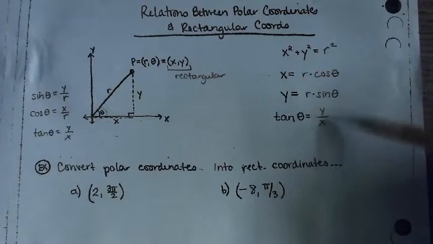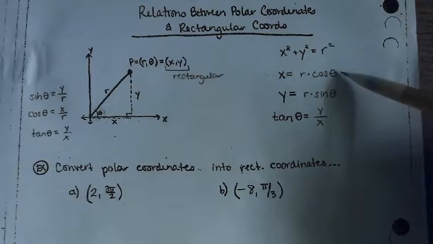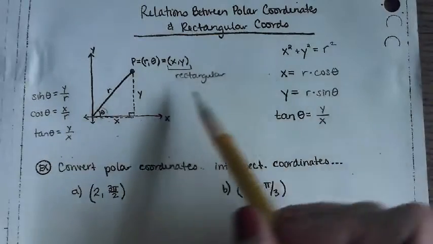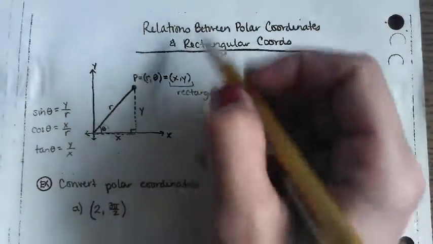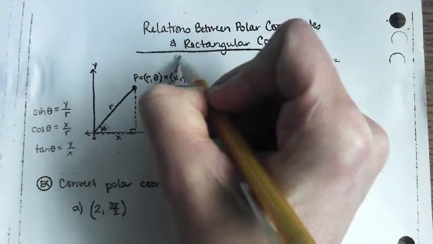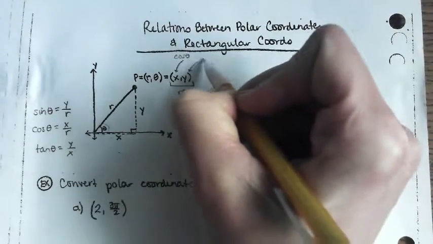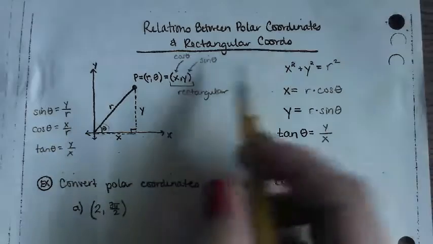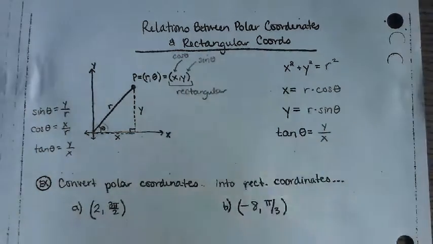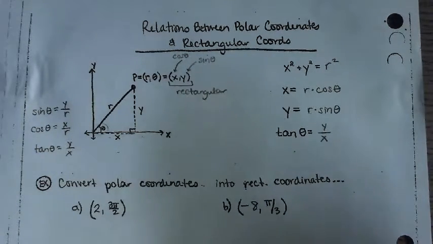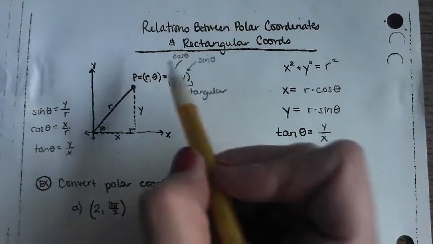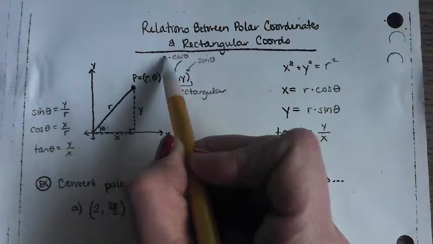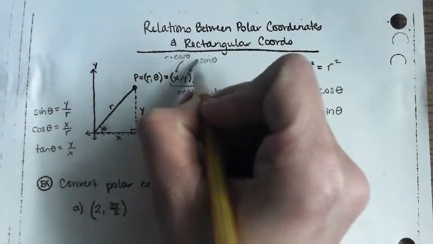These have always been true, and we've been using these all along. So when we talked in the trig chapter about x being the cosine of theta and y being the sine of theta, remember that? That was only true in the unit circle. And the reason it was only in the unit circle is because your r in the unit circle is technically what? 1.